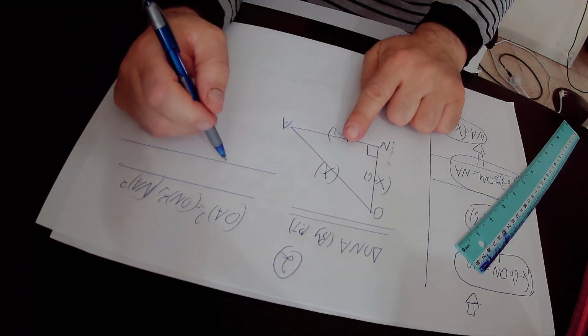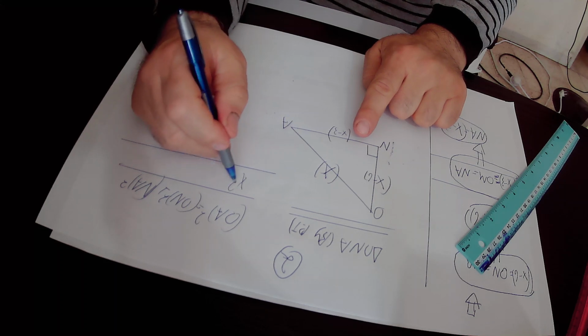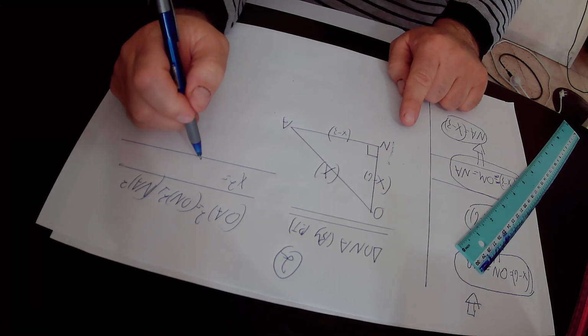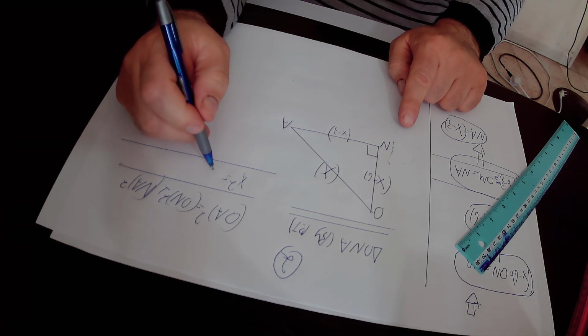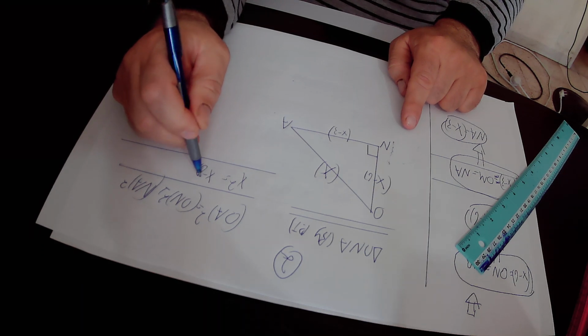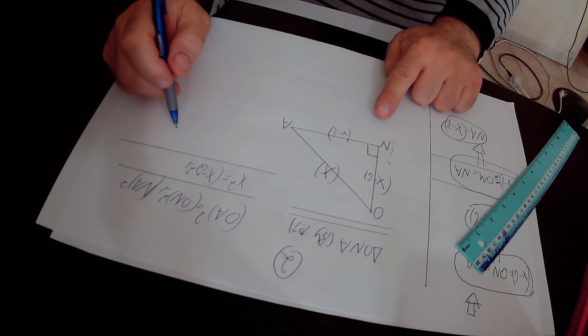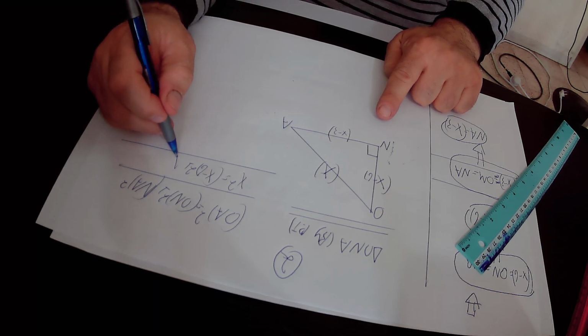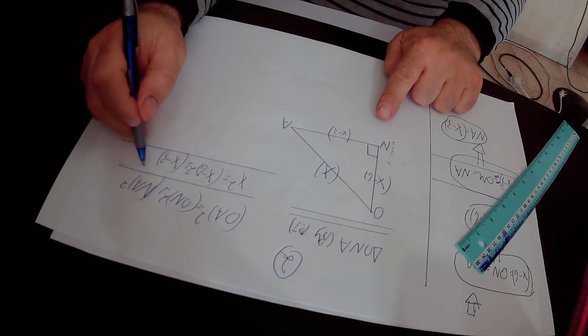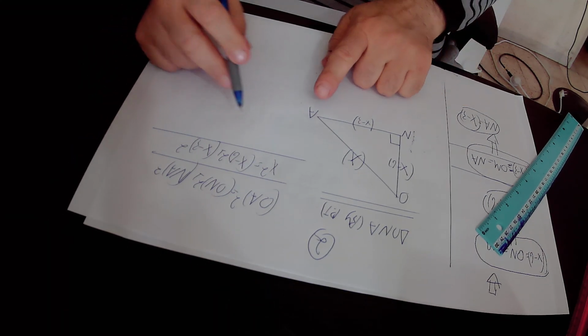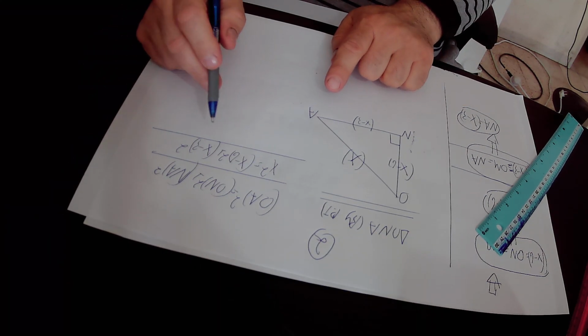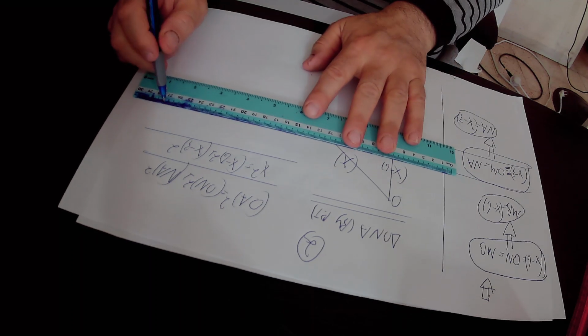OA equals x, therefore OA squared is x squared, and it equals ON squared. ON is x minus 6, therefore ON squared is (x minus 6) squared, plus NA squared. NA is x minus 3, therefore NA squared is (x minus 3) squared. In conclusion, we found out that x squared equals (x minus 6) squared plus (x minus 3) squared.